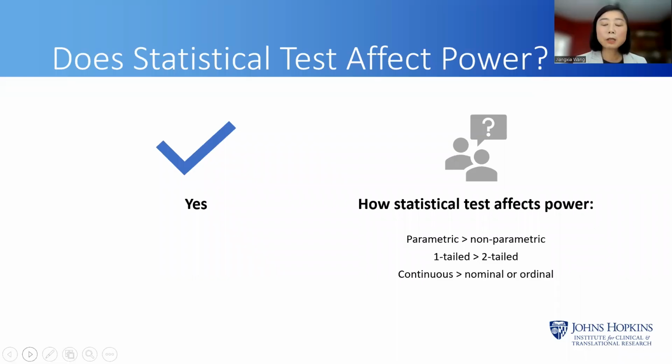For the one-tailed or two-tailed statistical test, the two-tailed is used more often than the one-tailed. But if you know for sure that some treatment would be better than the old treatment, then in that instance, the one-tailed is a reasonable choice for a statistical test.